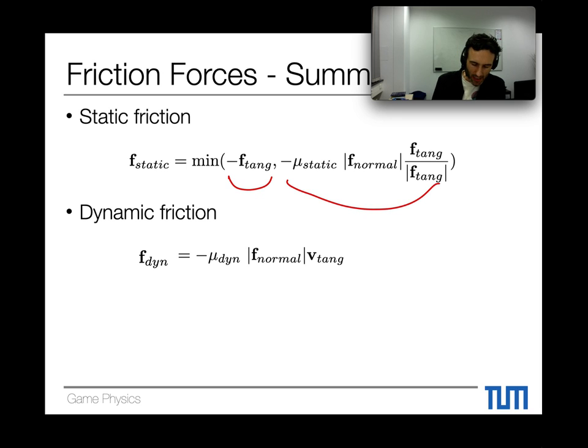So if the inclination is not large, the object is resting, then the force is actually just minus the tangential one, which means the object is staying still. We're basically canceling out all tangential acceleration that would cause any motion along the surface.